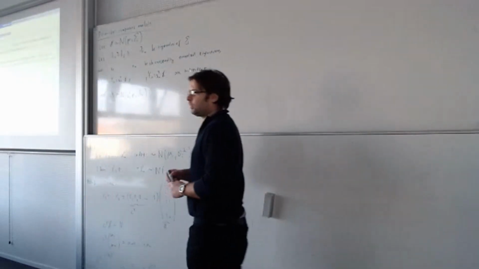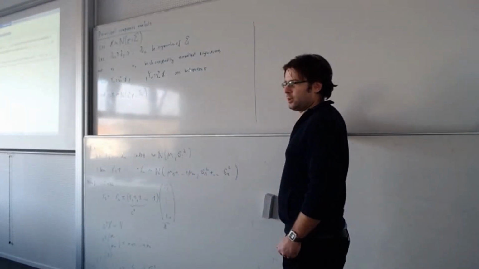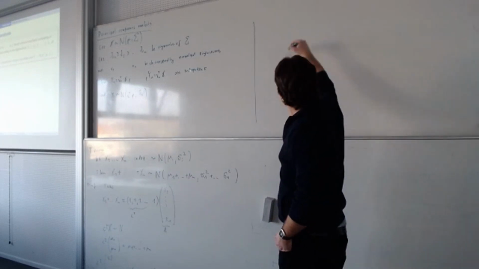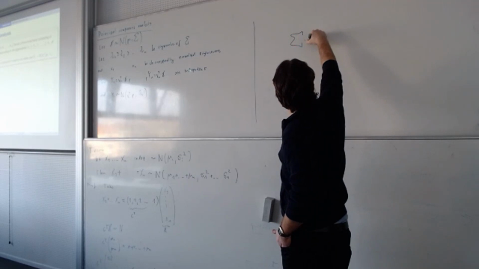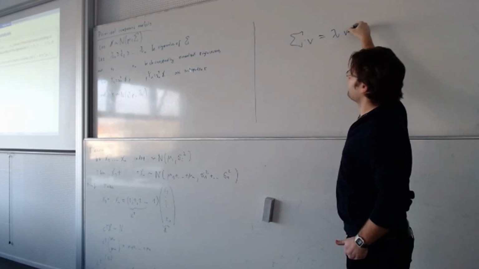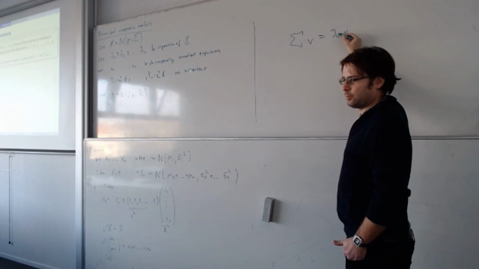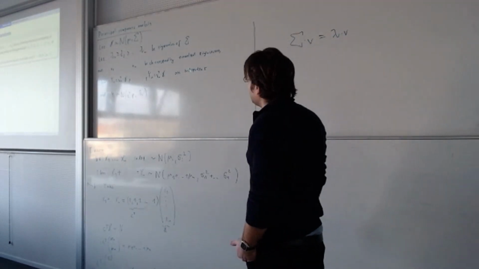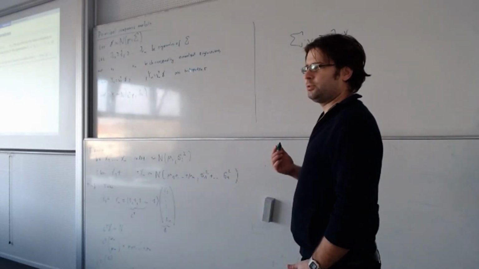Now, you recall what are the eigenvectors and eigenvalues of a matrix? Yeah. Those are such that if you take the matrix, multiply it with the vector, it is just the same as the vector, but multiplied by some factor of lambda. Okay, and well, how to find them? You know how to do that?